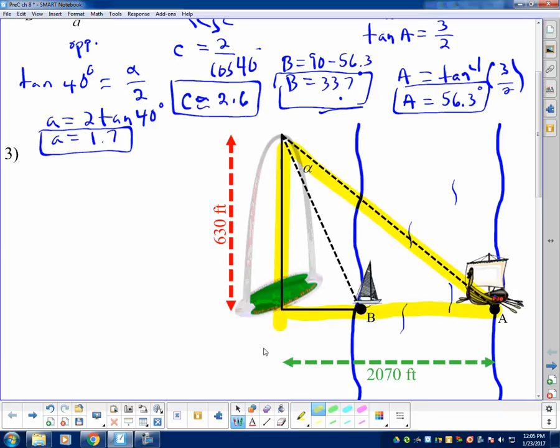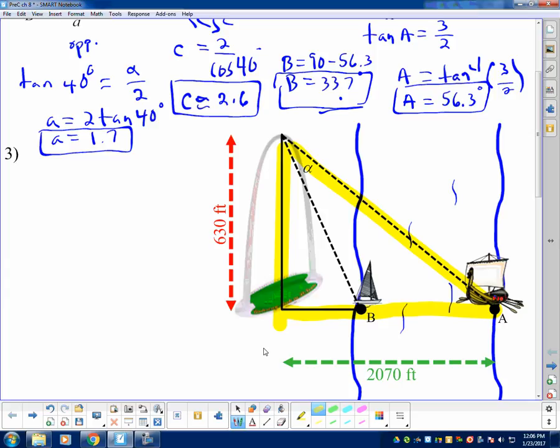Before I can then work with finding, for example, the length from here to here, and then the length ultimately from B to A. I can't directly find the length from B to A with the information given and with just right triangles. We'll learn a way to do that with the law of sines or law of cosines. But right now, we're going to think of this as 2 overlapping right triangles. The one I highlighted here, and then this smaller one right here.